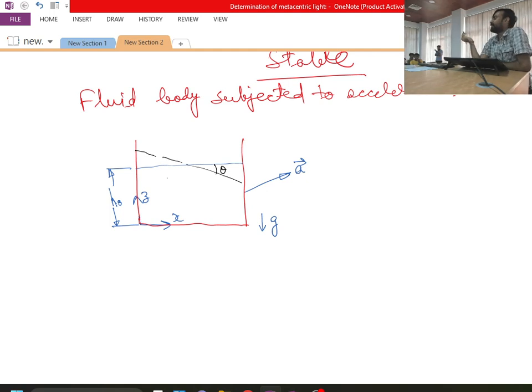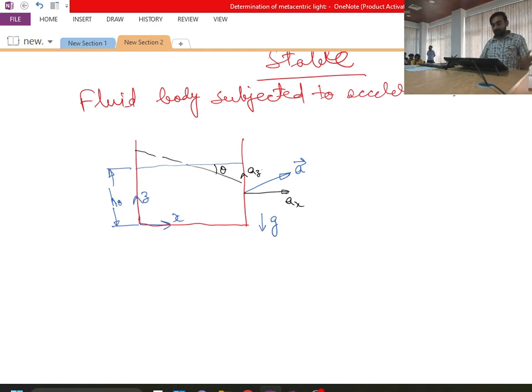I am considering that I don't have any motion in the y direction, so there is no acceleration in the y direction. Acceleration is only in x and z: because of this a vector, I will have some component in the x direction and some component in the z direction.